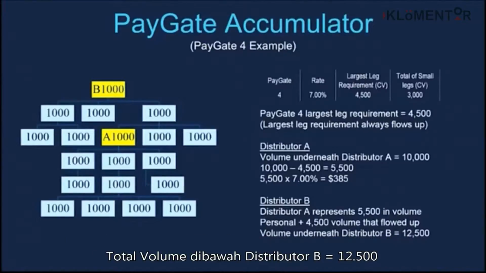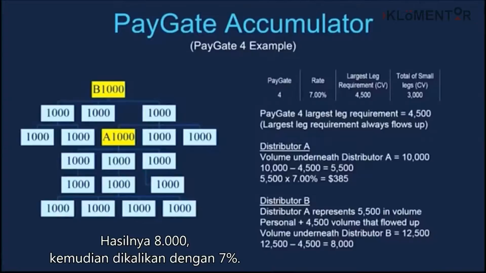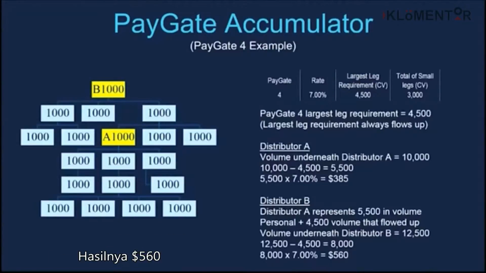So in total, there's 12,500 total volume underneath Distributor B. We take that 12,500 and subtract the largest leg requirement for Paygate 4, which is 4,500, and we are left with 8,000 in volume. It's that 8,000 that is then multiplied by 7%, the Paygate 4 rate percentage, to give us $560.